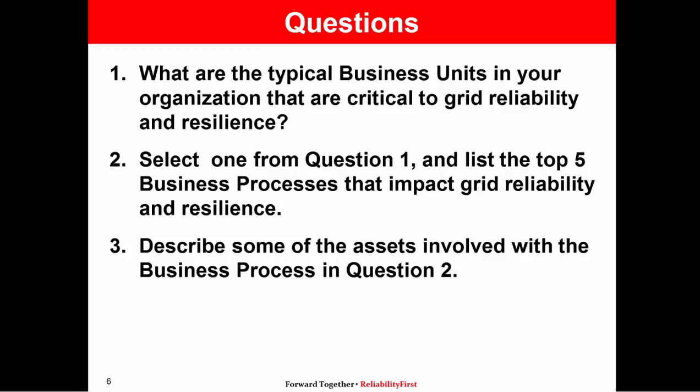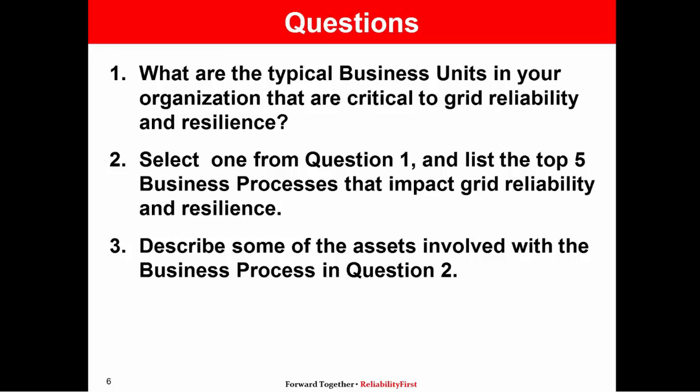Additionally, we identified a generating facility, so it may be operations personnel, or you may consider your human resources department, which supports operations, as a critical business unit. It's really up to the organization to identify what's critical for their grid reliability.